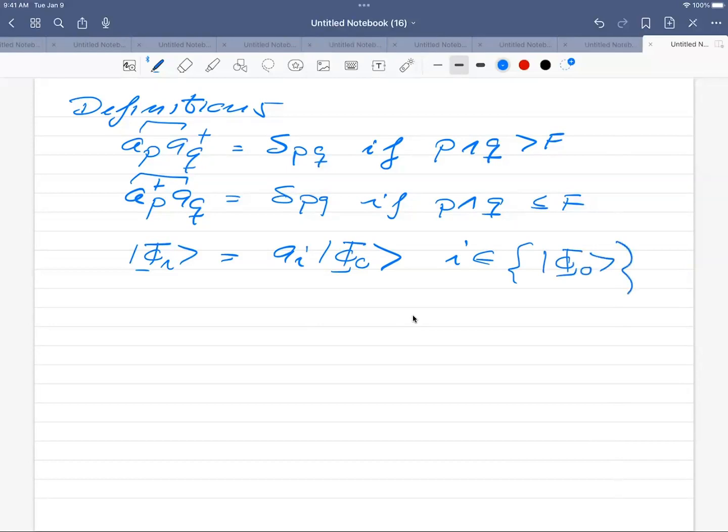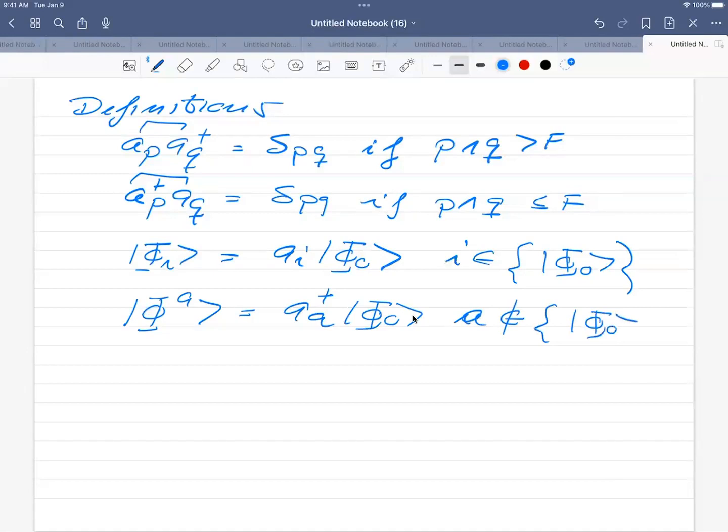And then we have an example like phi of A, which is then given by a_A dagger acting on phi 0. And that is different from 0 if A is not an element in this phi 0. So we are creating a state above the Fermi level. So these equations apply to the case when they're different from 0.